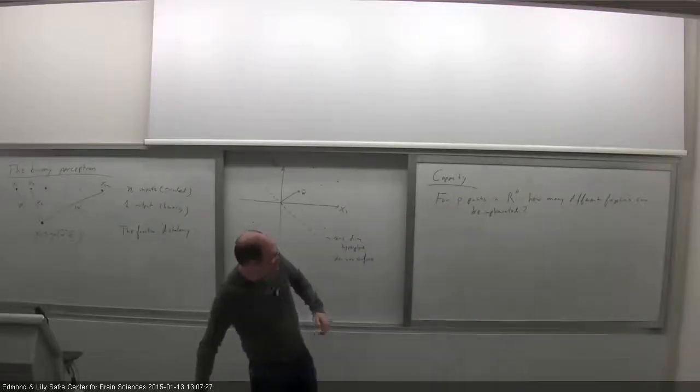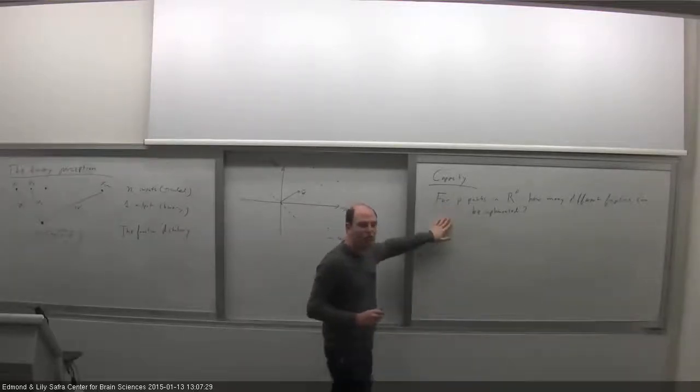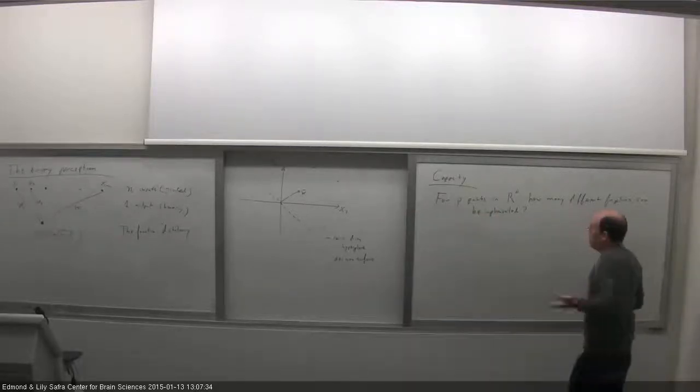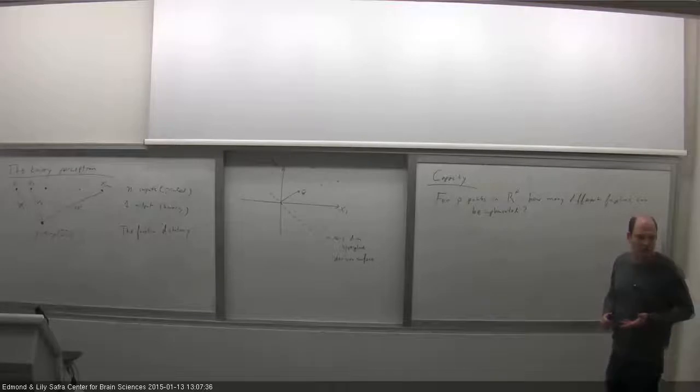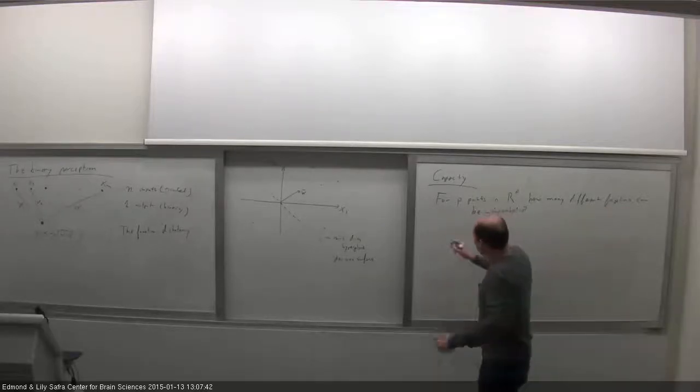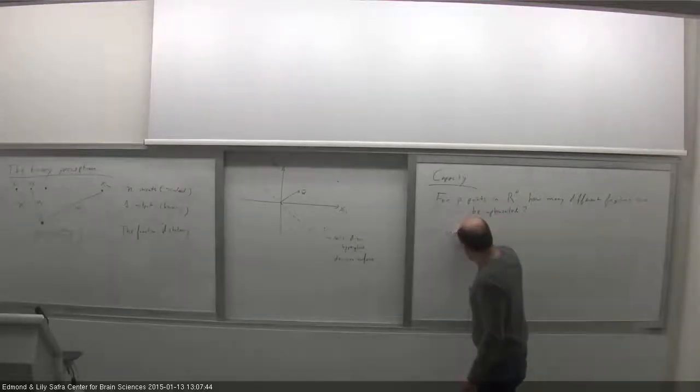Now, before we try to answer this question, let's ask a different question. How many functions are there for p points? 2 to the power of p. So how many functions exist on p points?